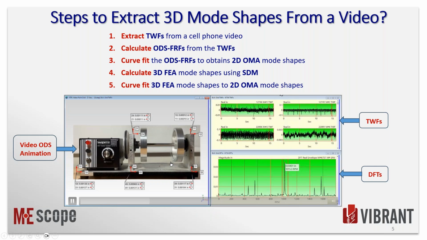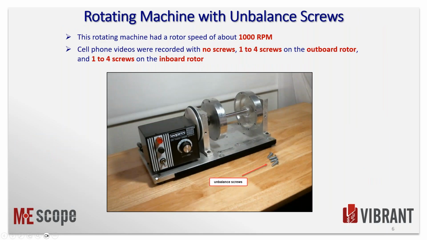Doesn't matter which one, they're all different, but we're creating some unbalance. And then you can see the whole machine is just rocking on its rubber mounts, sitting on a table. So we're going to try to model that with 3D FEA data as we go forward here.